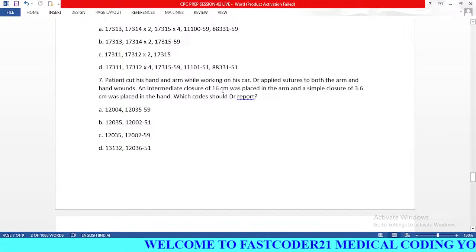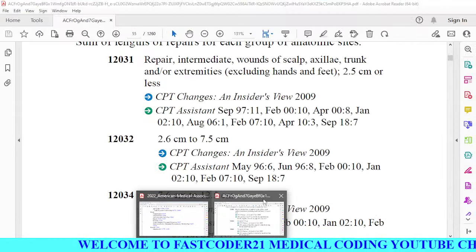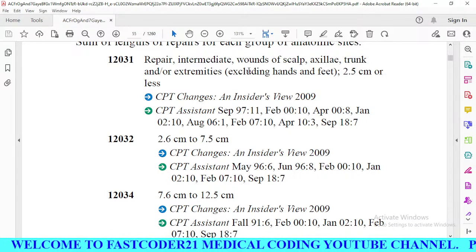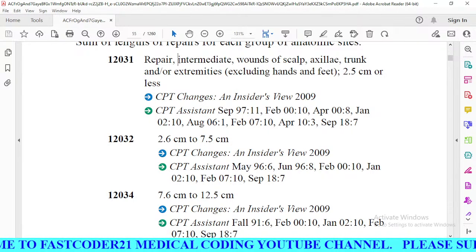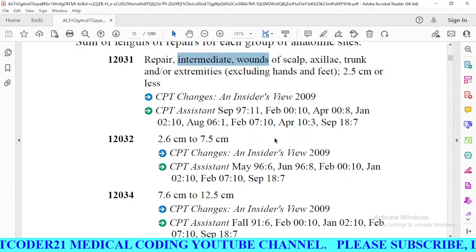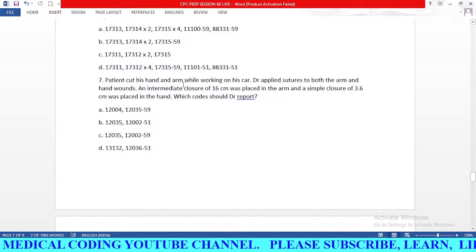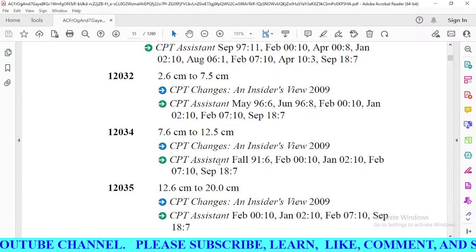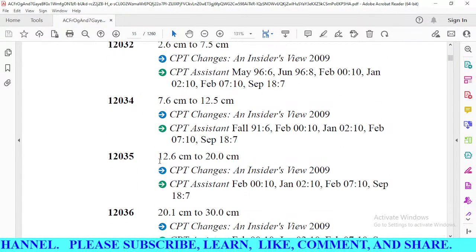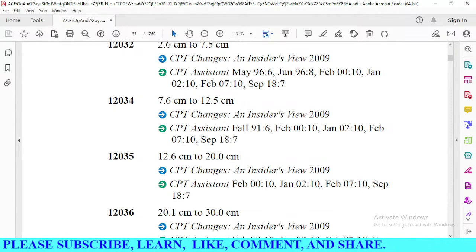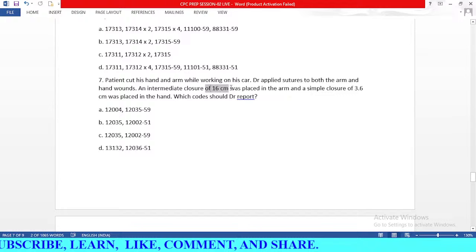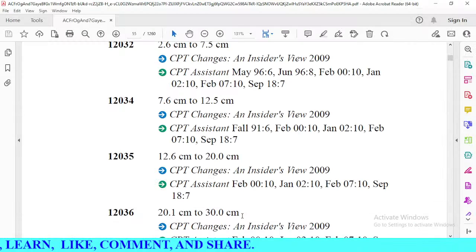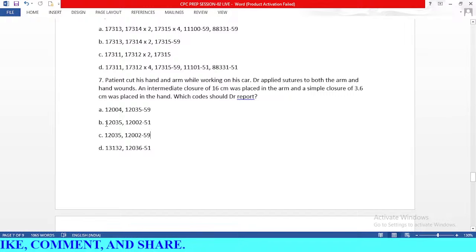The dimension here is 16 centimeters, which is the intermediate repair, and arm is included in this code description. 12035 is 12.6 centimeters to 20 centimeters, so in our question we code only 16 centimeters. So our answer is C, 12035 and 12002-59.